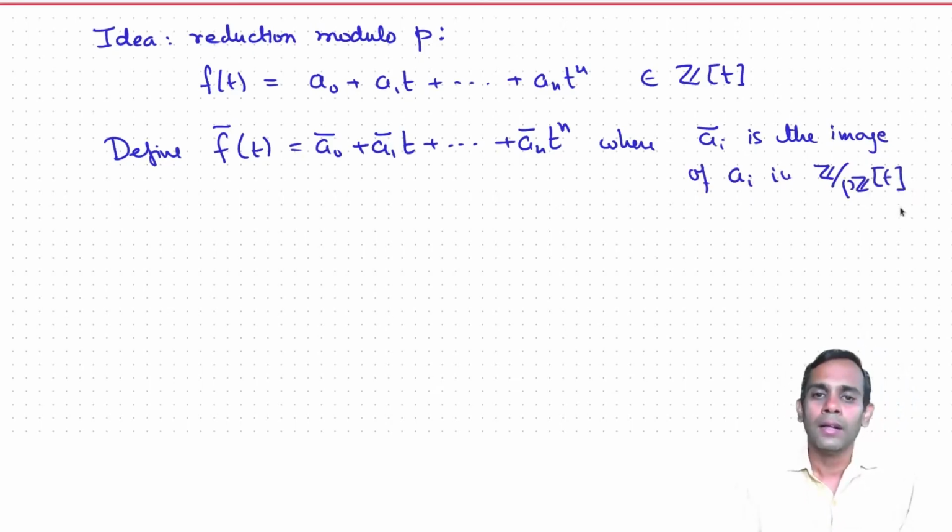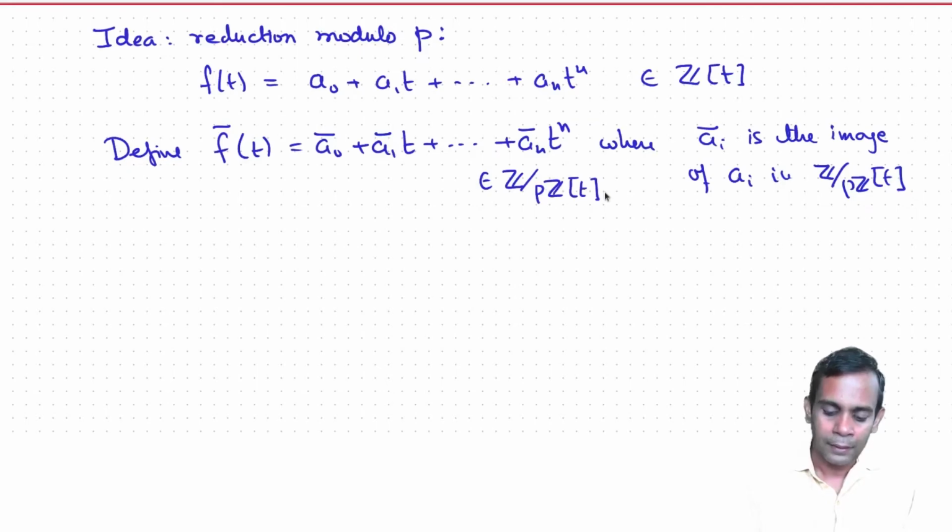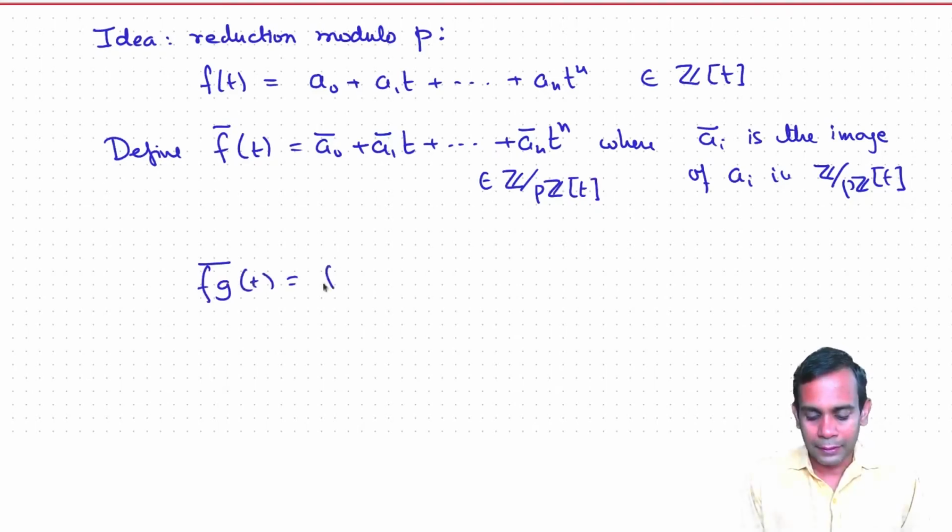Okay, so this is a polynomial in (Z/pZ)[t]. Now this reduction map has a very nice property that if I take fg bar(t), then this is f bar times g bar(t). So this reduction map is a ring homomorphism.